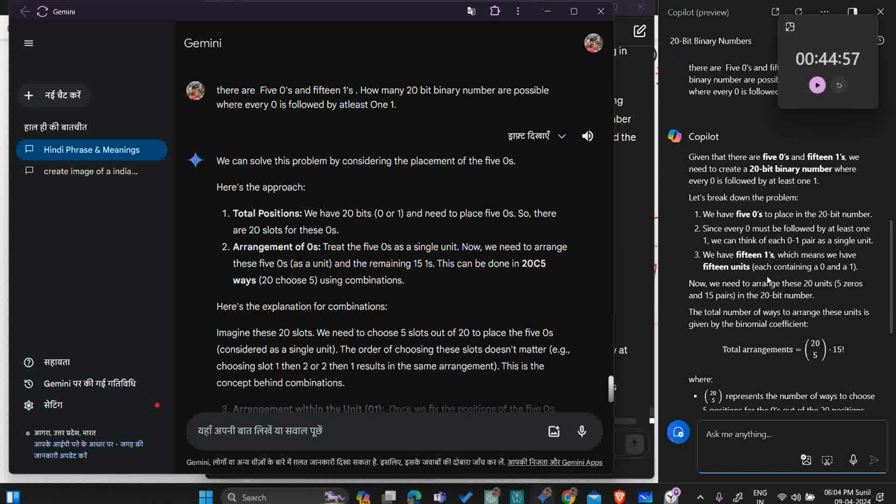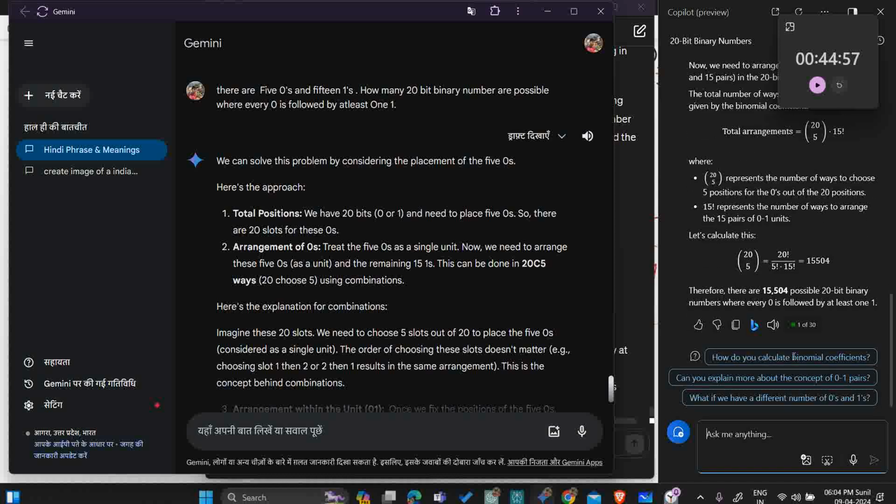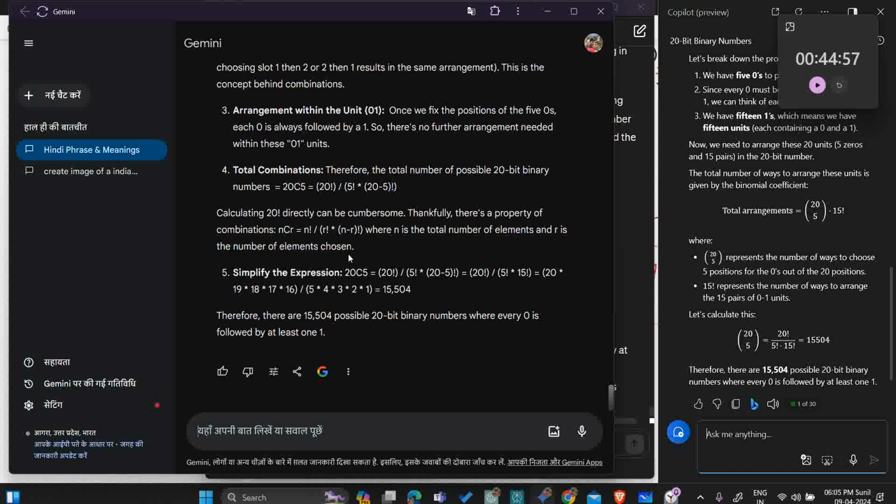Total ways to arrange these units is given by the binomial coefficient, 20C5.